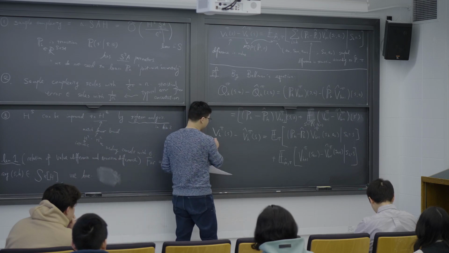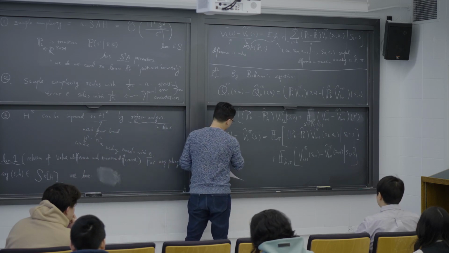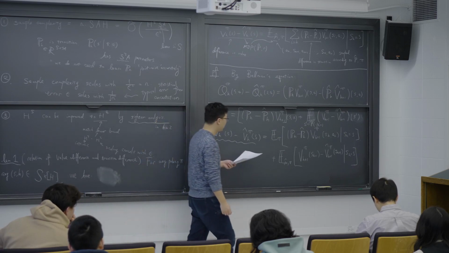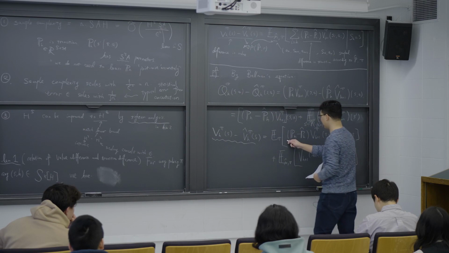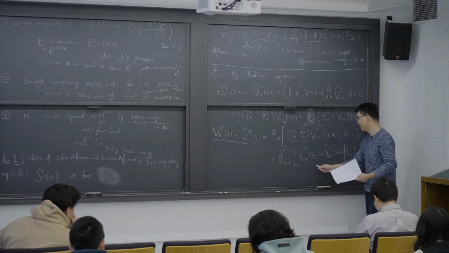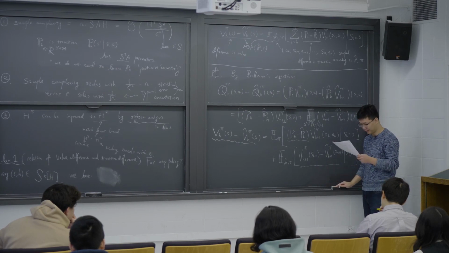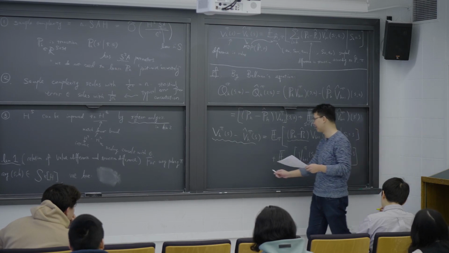This essentially relates the value difference in each step to the transition difference in each step and the value difference in the H plus 1 step. So we can expand the recursion.